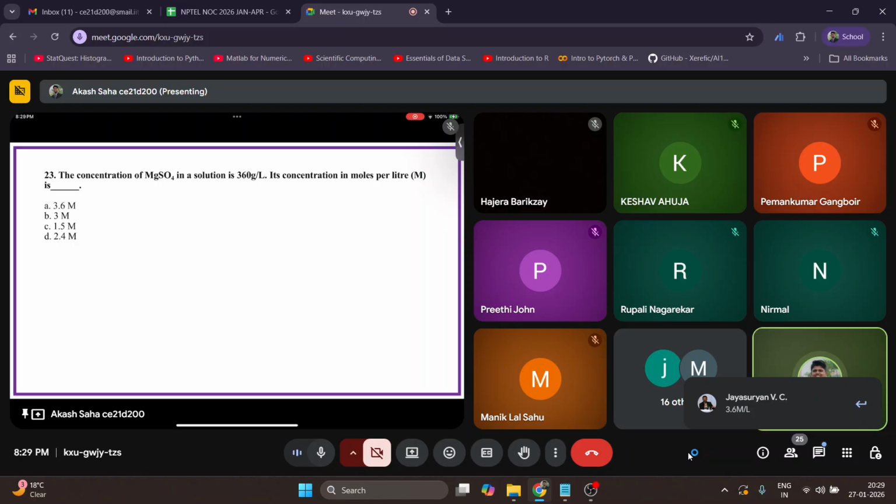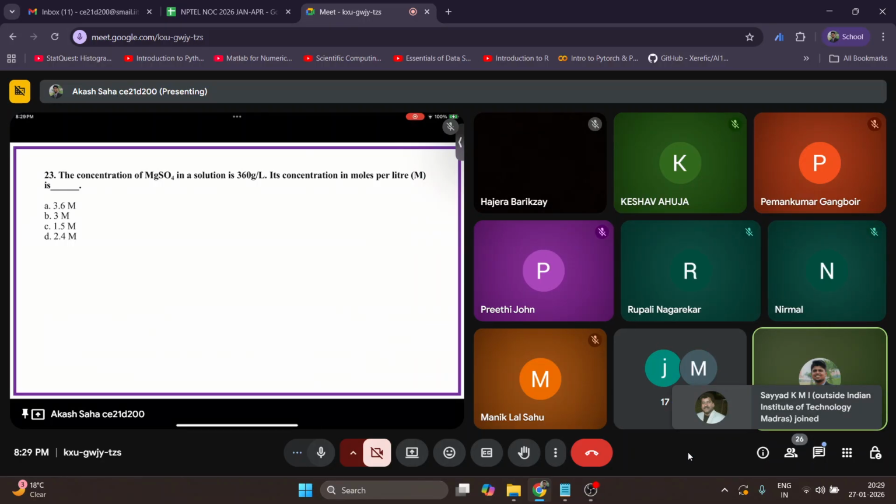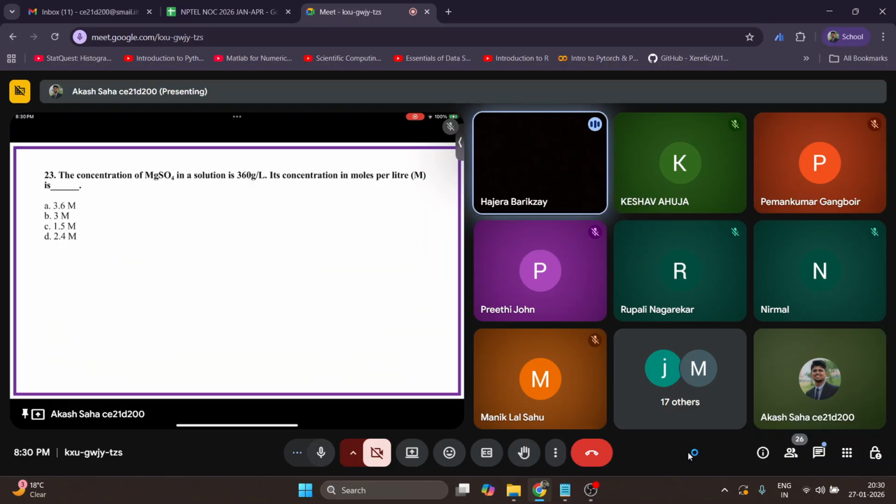No, I don't think it is the correct answer. So what is the molar mass here of MgSO4? Can someone tell me? Because to calculate the molarity, we have to know the molar mass. Mg is 24, S is 32, and oxygen, because it has 4, it's 16 times 4, which is 64.